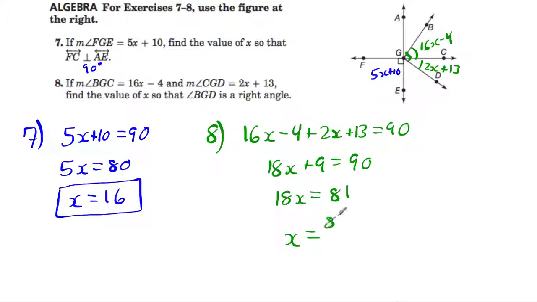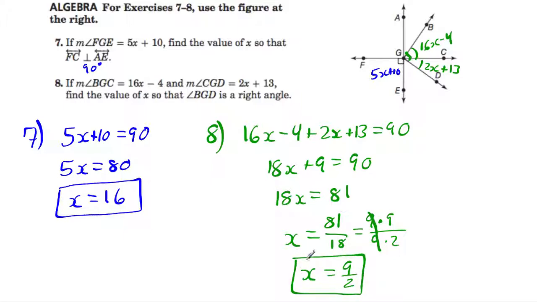So x is equal to 81 over 18, and 81 is the same as 9 times 9, and 18 is the same as 9 times 2. So I can cancel out those 9s, which means that x is equal to 9 halves. We get a fraction. I didn't need a calculator, and that's okay.